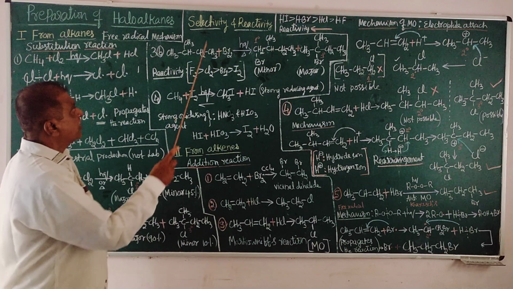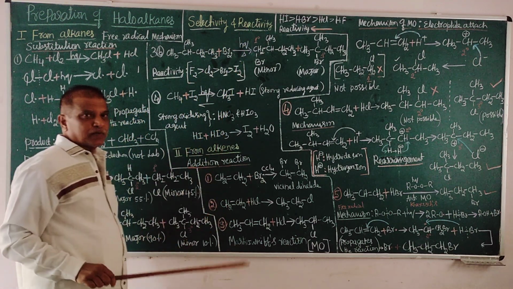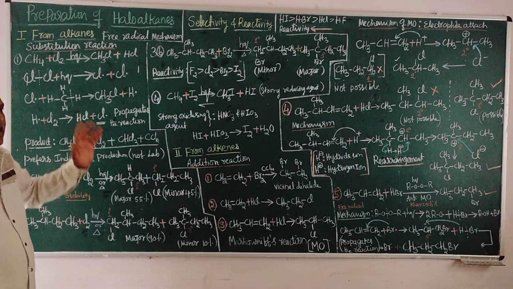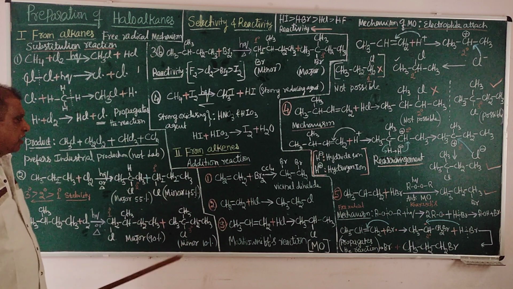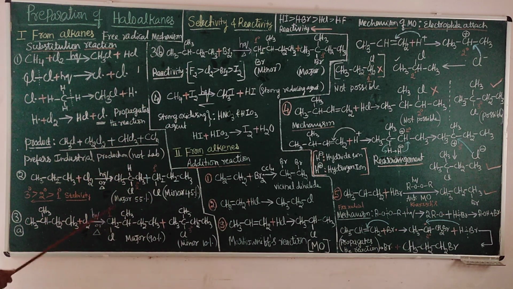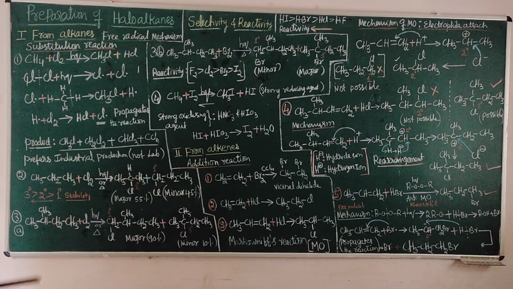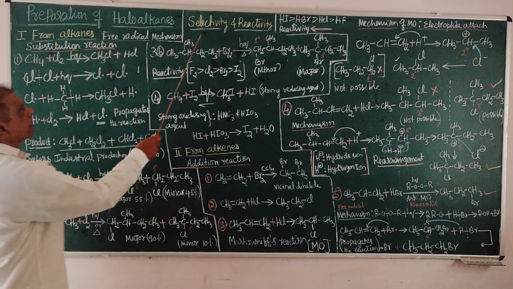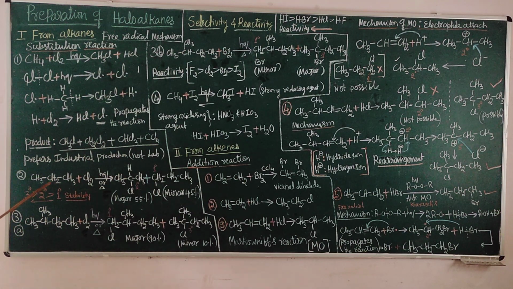So remember that selectivity and reactivity in organic chemistry play an important role in most of the reactions. They decide what is the actual end point. Here the actual end point is this. Actual end point is this. Look at the difference. Only reactants are there. So selectivity and reactivity. Selectivity depends on the type of carbon.